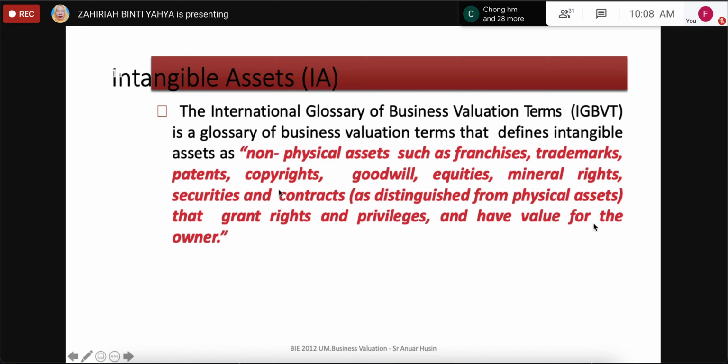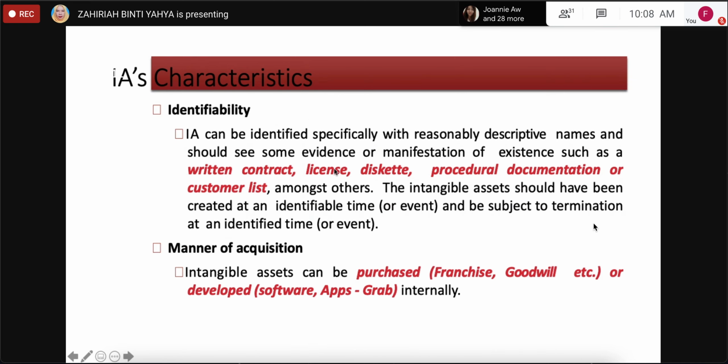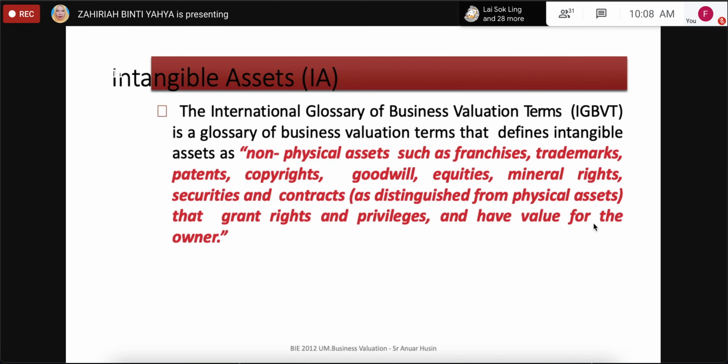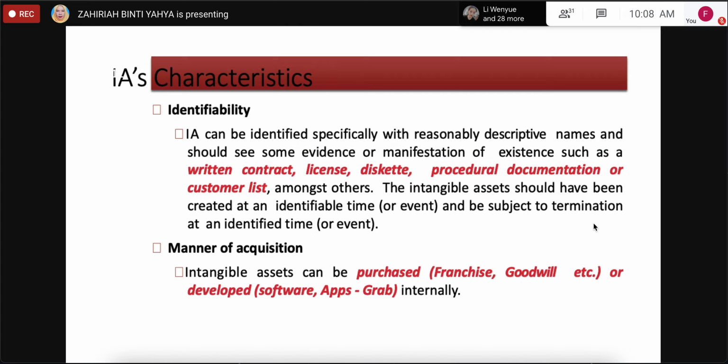So basically the business valuation ni dia sebenarnya seakan-akan property valuation. Kalau ada transaction of a similar property, so you can use market approach.